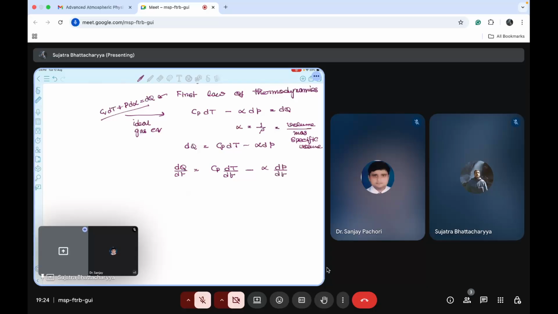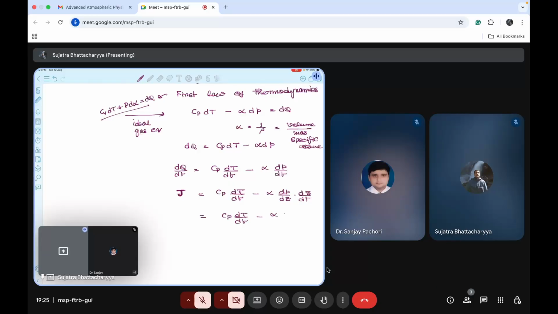This is okay. Now dq/dt, the heat change rate, we generally call the diabatic heating rate, J. J is equal to Cp dT/dt minus alpha. Here we make dp/dt into dp/dz times dz/dt.